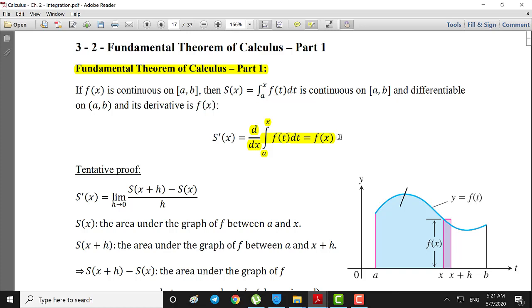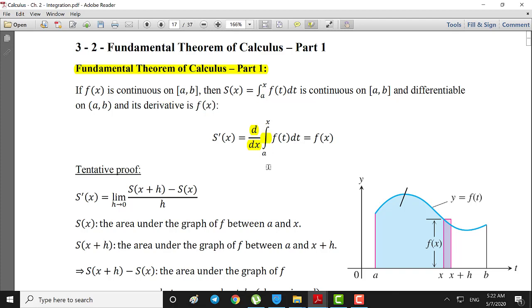The meaning of this is that the derivative and the integration somehow neutralize each other, right? We can say that the derivative operates as the reverse of the integration.